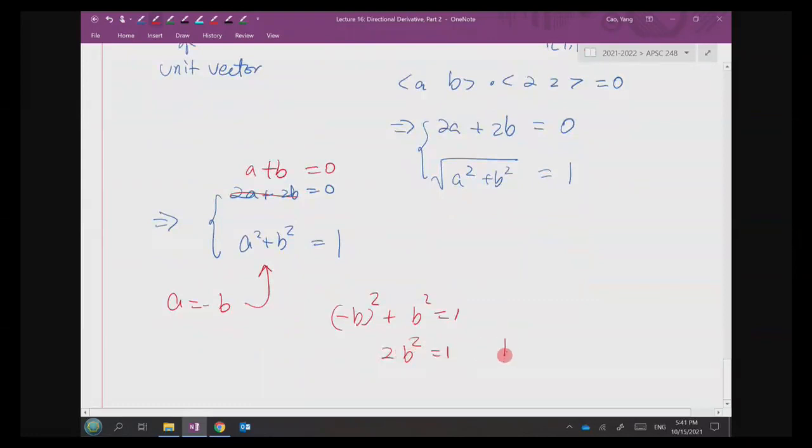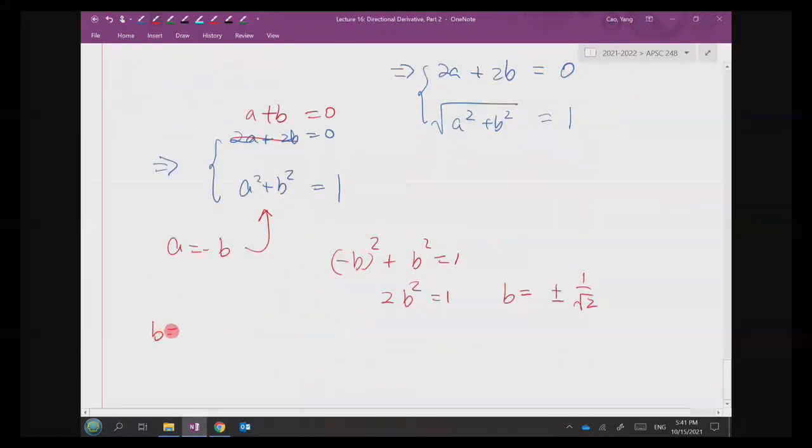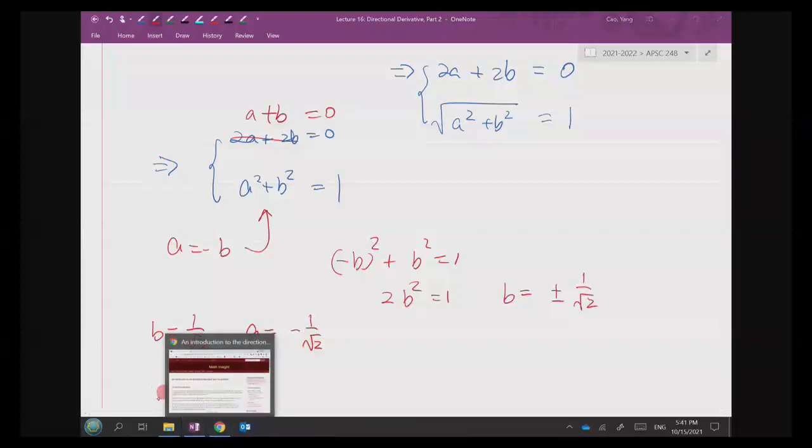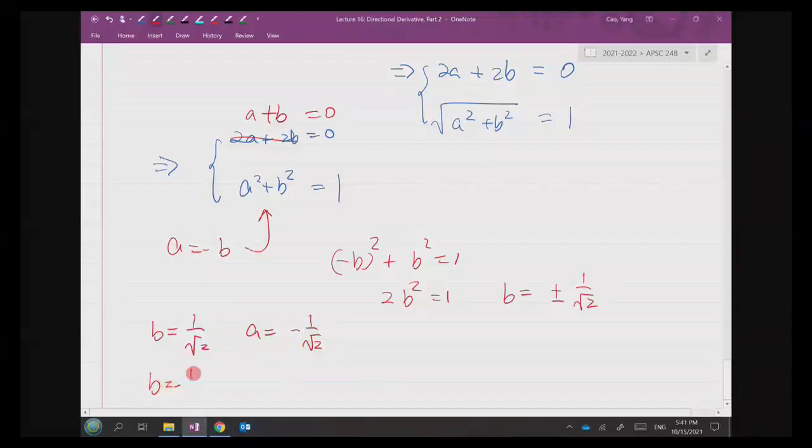So then what do I get for b? b equal to plus or minus 1 over root 2. So when b is 1 over root 2, a is negative 1 over root 2. When b is negative 1 over root 2, a is positive 1 over root 2. So altogether, you get two directions.